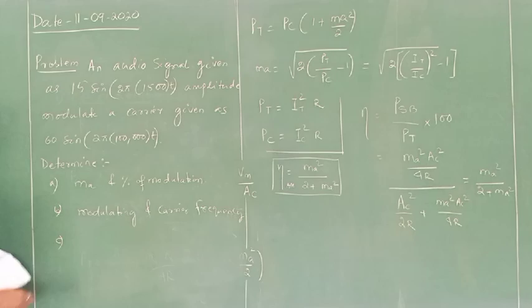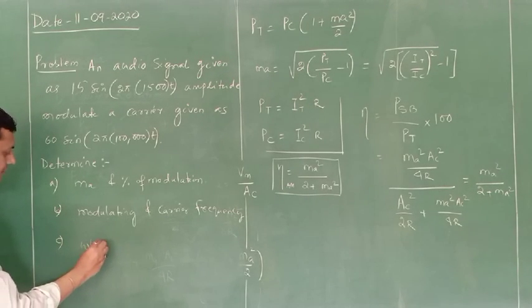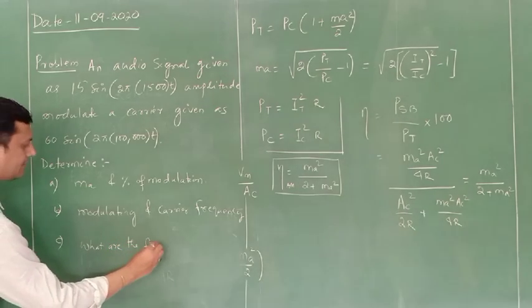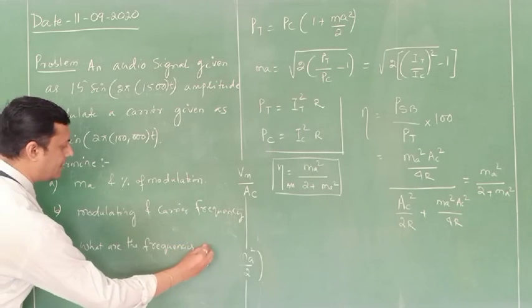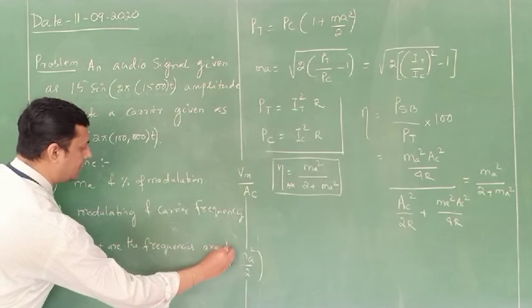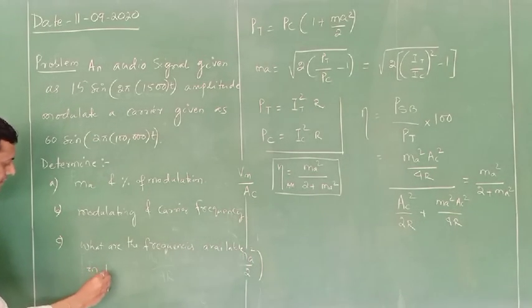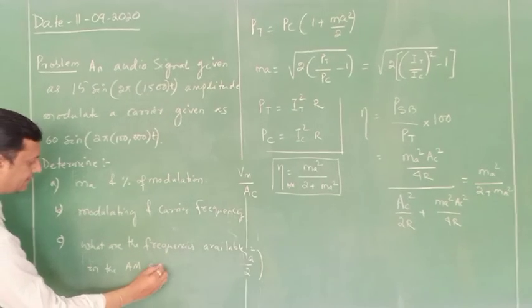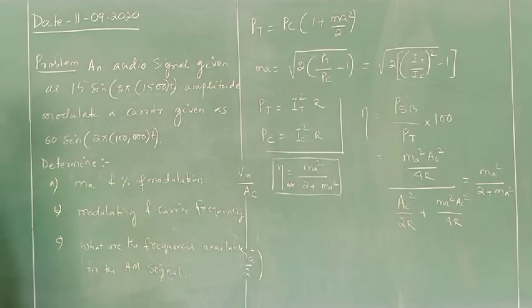And part C is, what are the frequencies available in the AM signal. Okay, so this is my question.